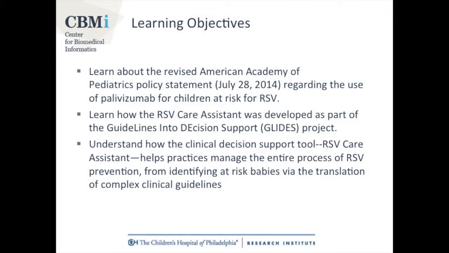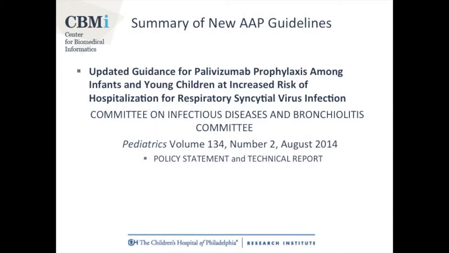We want to learn how the RSV care system was developed as a part of the Guidelines into Decision Support, or GLIDES project, and understand how clinical decision support tools, specifically the RSV Care Assistant, can help practices manage the entire process of RSV prevention and palivizumab administration, from identifying those at-risk babies via the translation of these complex clinical guidelines.